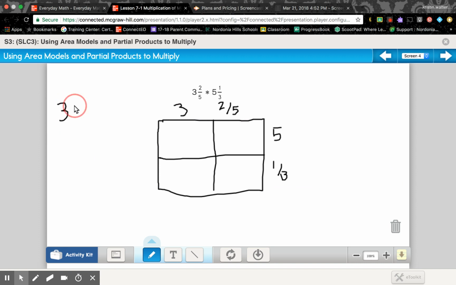So again, 3 times 5 is my first factor. 2/5 times 5 is my second box. This box down here would be 3 times 1/3. And then your final box here is 2/5 times 1/3.